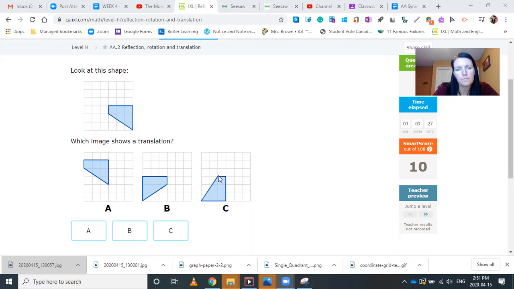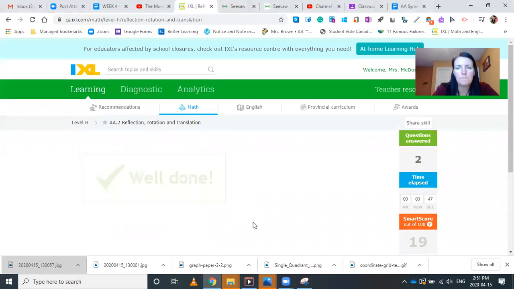Do you see that? All right, this one's got the long side here. However, it is a mirror image because the short side's now on the opposite side. So the only one left here, it's exactly the same. It's just gone from here to up here. So that is a shift or a translation. So A is the correct answer for this guy.